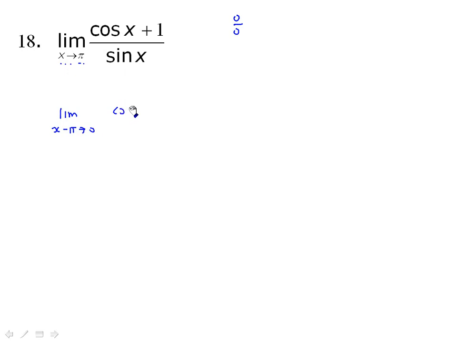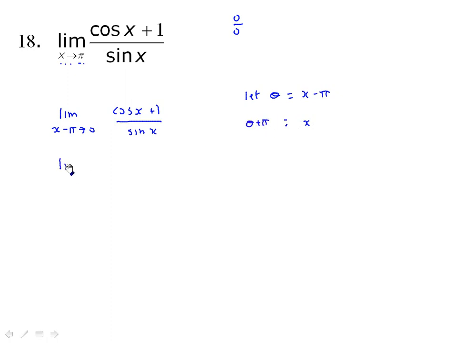And then we try to get this thing set up in terms of an outside variable. So I'm going to let theta be equal to x minus pi. And that would mean that x is equal to theta plus pi.